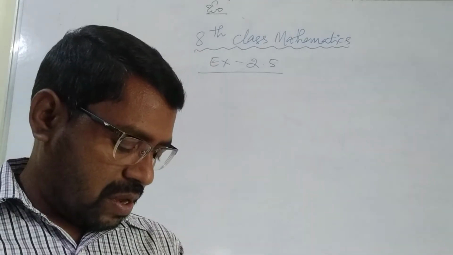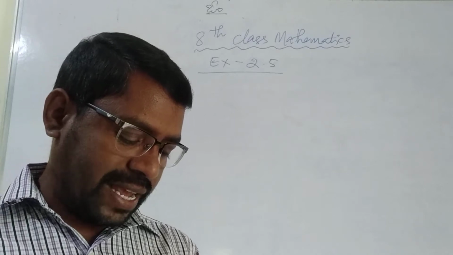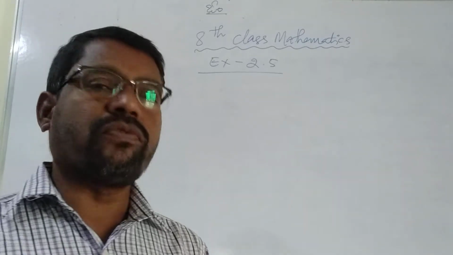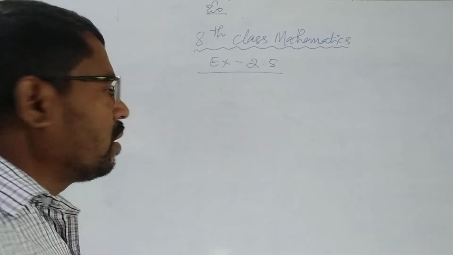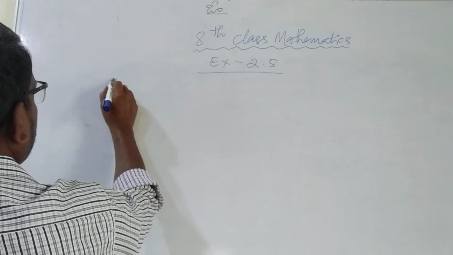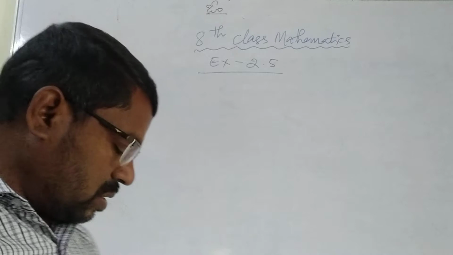Once you see, what number is that of which the third part exceeds the fifth part by 4? I want to write this question, which is a small one only. Question number 2 in your exercise 2.5, that is second bit.